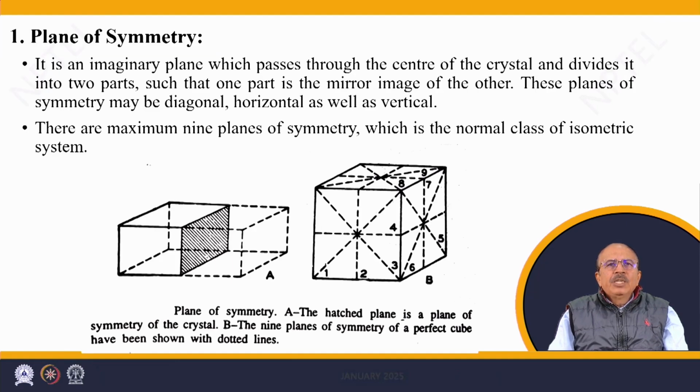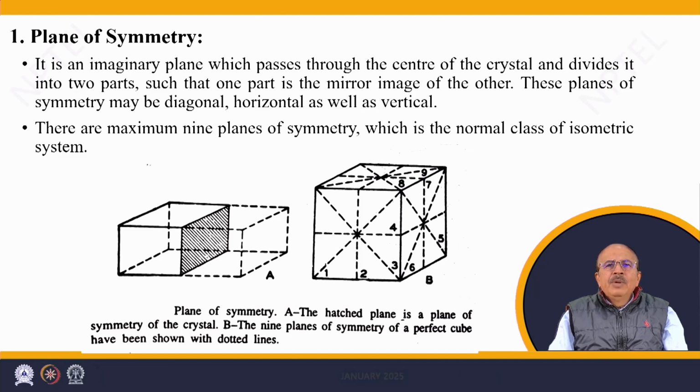First, we will discuss the plane of symmetry. It is an imaginary plane which passes through the center of the crystal and divides it into two equal parts, such that one part is the mirror image of the other part. These planes of symmetry may be diagonal, horizontal, or vertical.